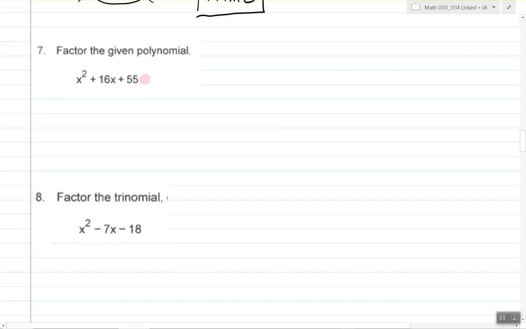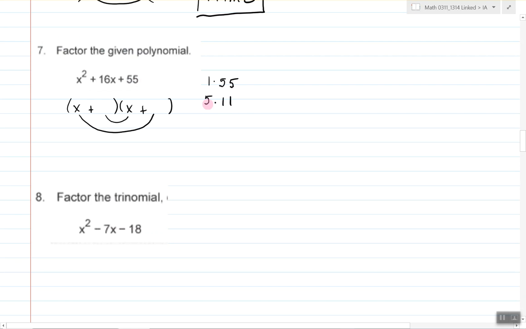Factor this. I don't see a GCF, so I'll go straight into trial and error. Last sign is positive. That tells me plus plus or minus minus. In this case, plus plus. So I know that x times x gives me x squared. My outer and my inner will have to add up to be 16, but let's take a look at 55. 1 times 55, that doesn't do it. 5 times 11, 5 times 11 is 55.